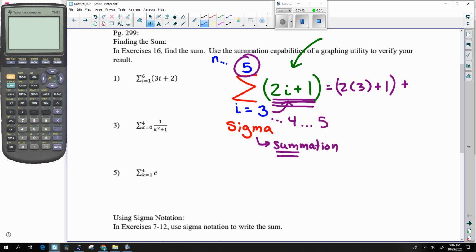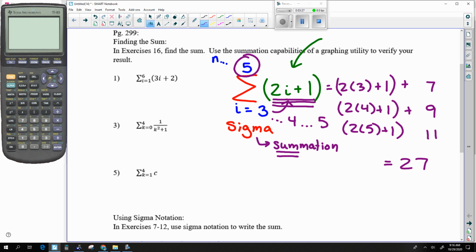So it'd be this plus 4 plus 5. And again, this continues on and on until you hit the last mark, and here we set the last mark at 5. So this would be what? 7 plus 9 plus 11. So this would be 27.